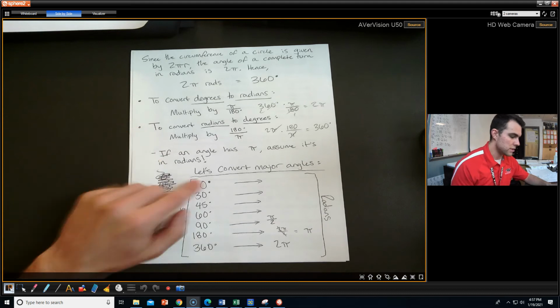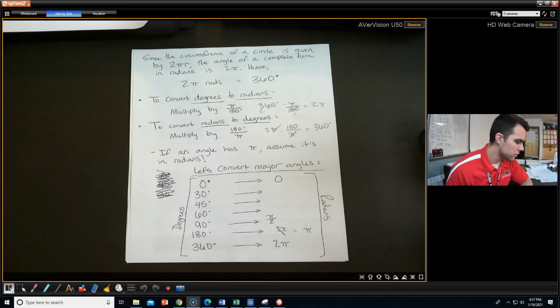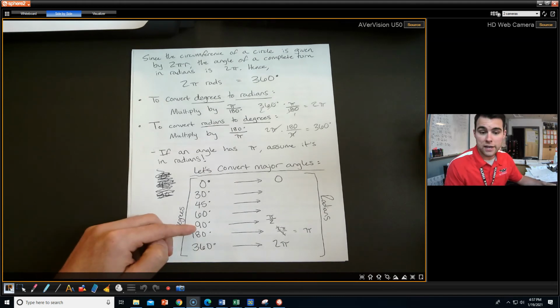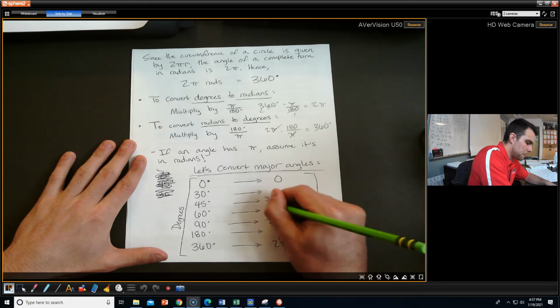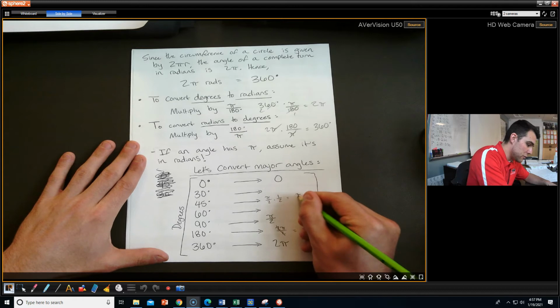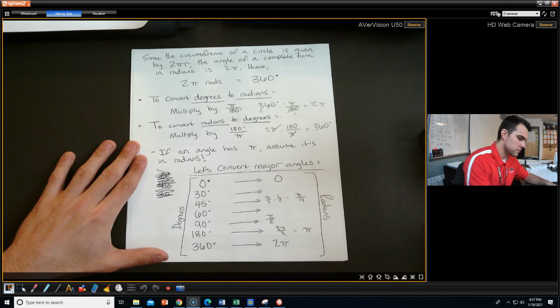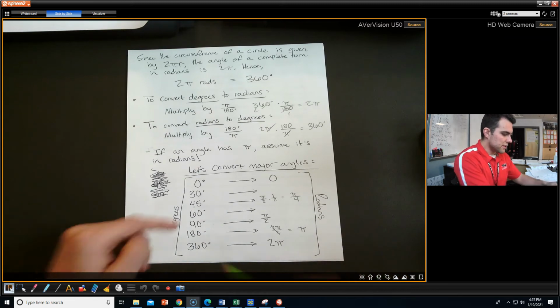0 is 0. It's very nice. Okay, we're cooking now. What's half of 90? 45. So if I do pi over 2 divided by 2, times 1/2, I end up with pi over 4. Looking pretty good. Let's look at 60 degrees.